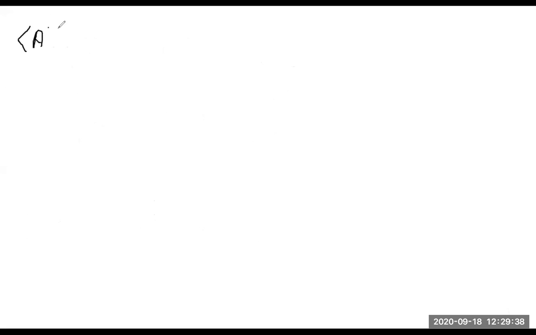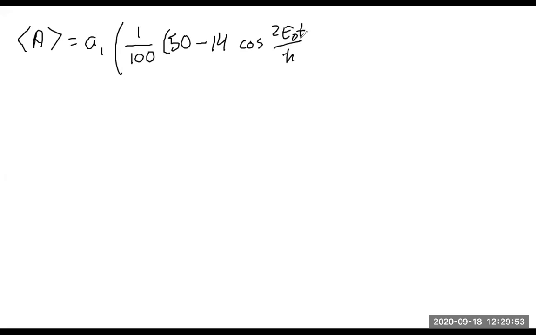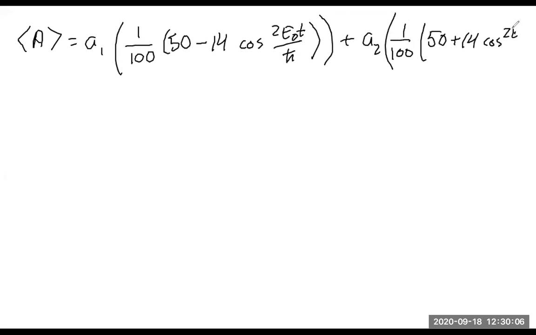So expectation value of A is A1 times the probability of measuring A1, 1 over 100, times 50 minus 14 times the cosine of 2 E naught t over h bar, plus A2 times 1 over 100 times 50 plus 14 cosine of 2 E naught t over h bar.